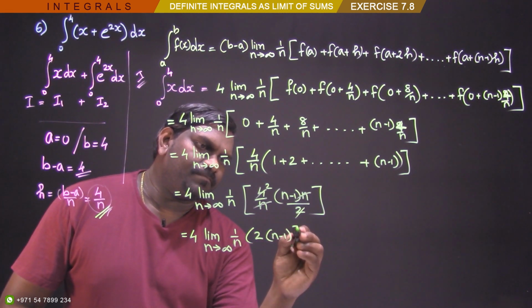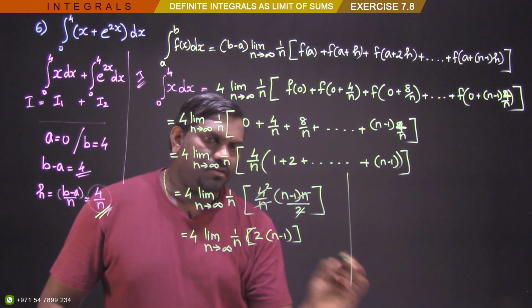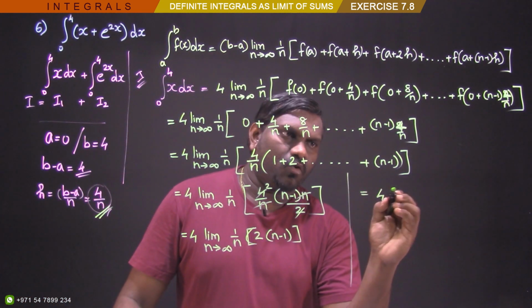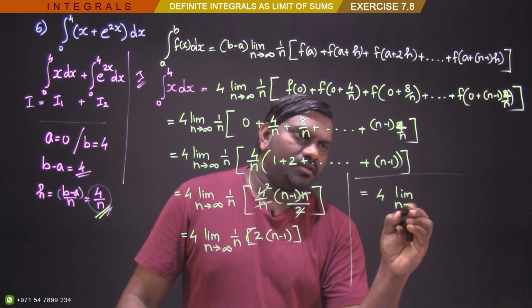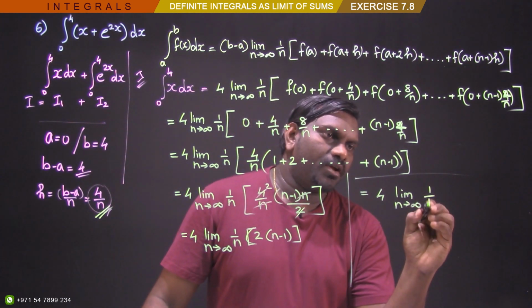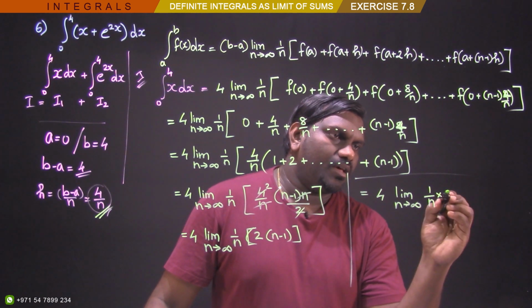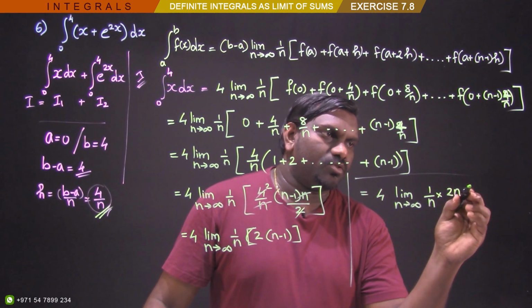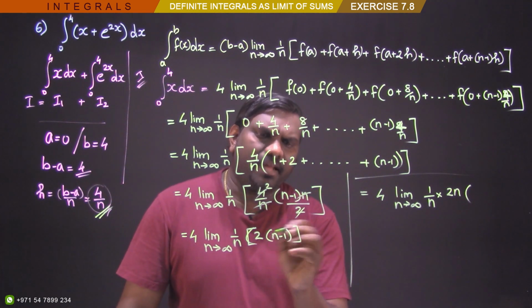That's all there is to it. Now after that, what I'm going to get here is 4 times the limit as n tends to infinity, dear. Then 1 by n is here, so I'm going to take an n outside. I take n outside, since 2 is already there.